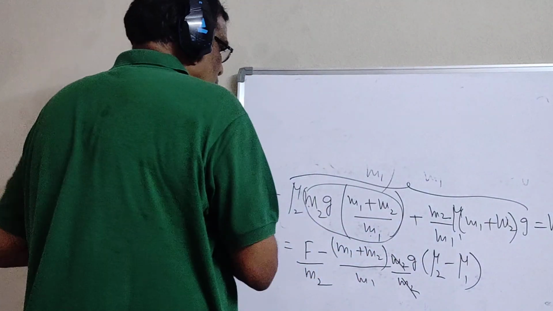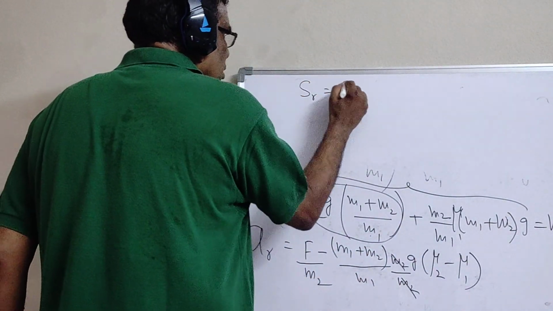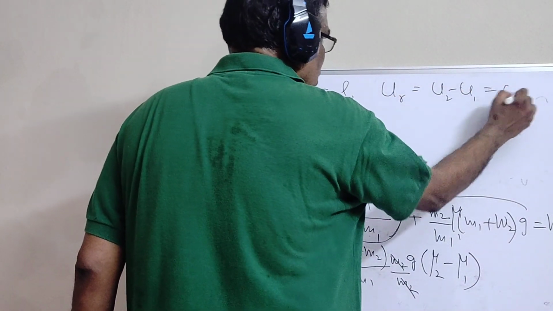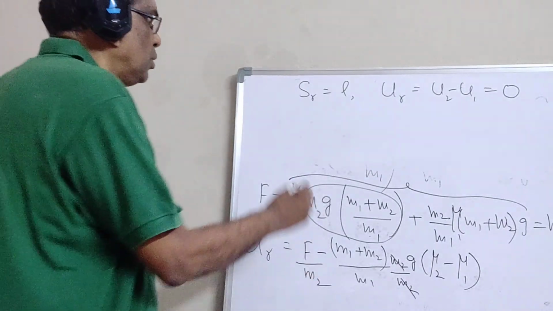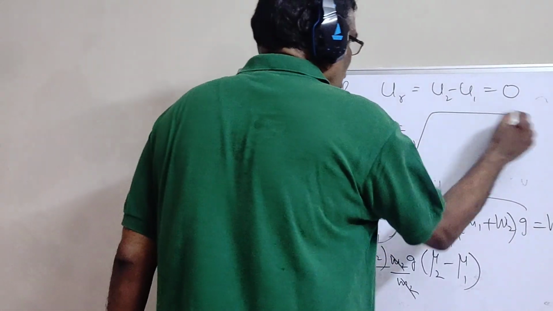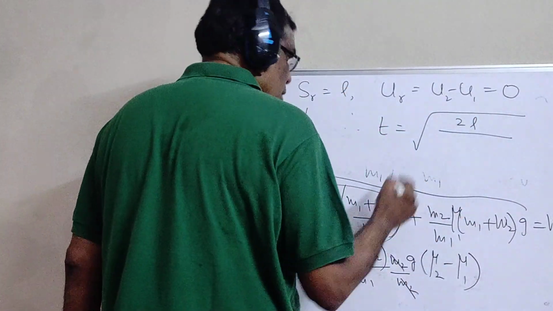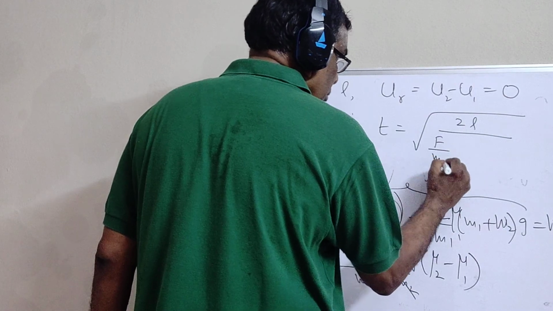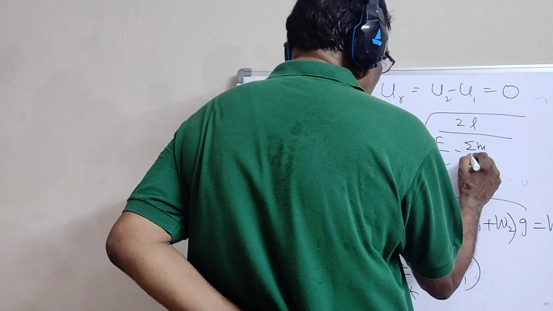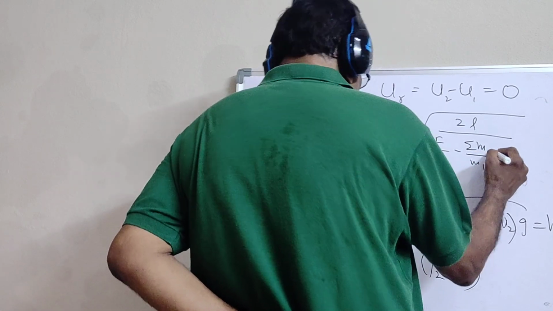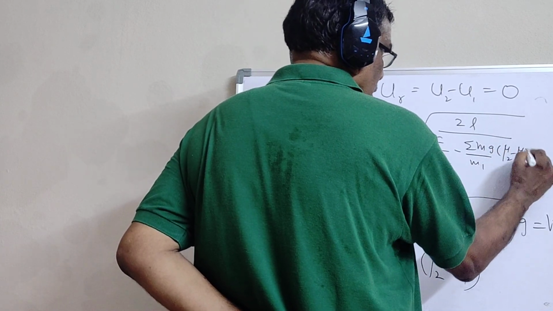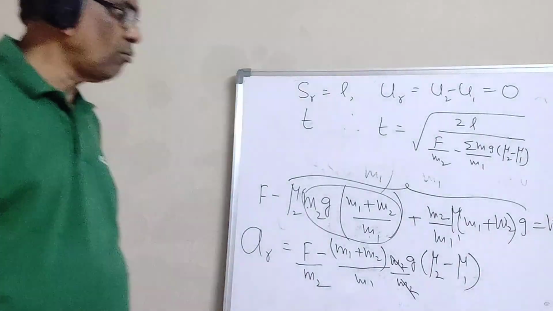As before, I told you SR is equal to L, UR is equal to U2 minus U1, initially 0, time is T, therefore T is equal to under root 2L by all this, minus sigma m by m1 g mu2 minus mu.